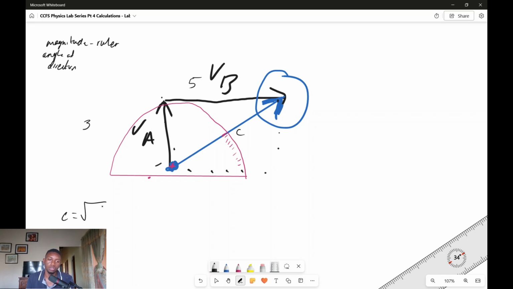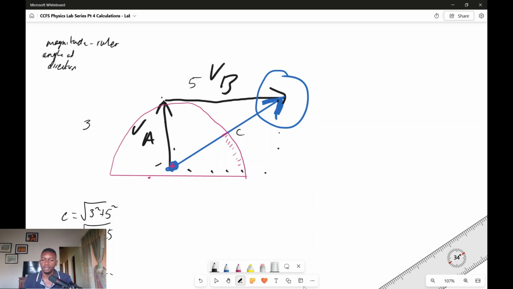So the square root of 3 squared plus 5 squared, so the square root of 9 plus 25. When we add these together, we get 34. So the square root of 34 should be 5 point something.